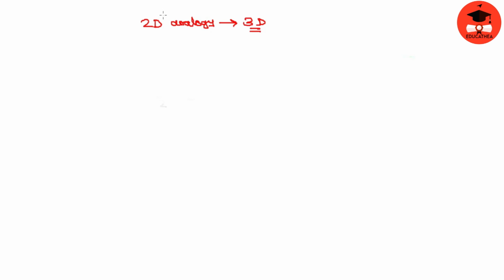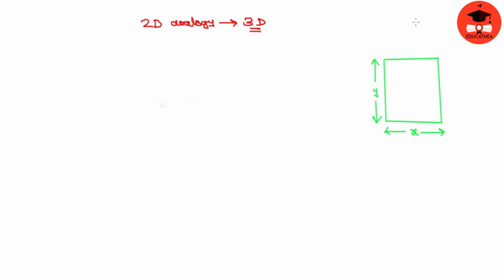So I can easily solve my problem in 2 dimensions and then generalize it into 3 dimensions. So now I have a 2-dimensional box like this instead of a 3-dimensional box. So this is my 2D box, I'll say that this direction is my x direction and this direction is my y direction.